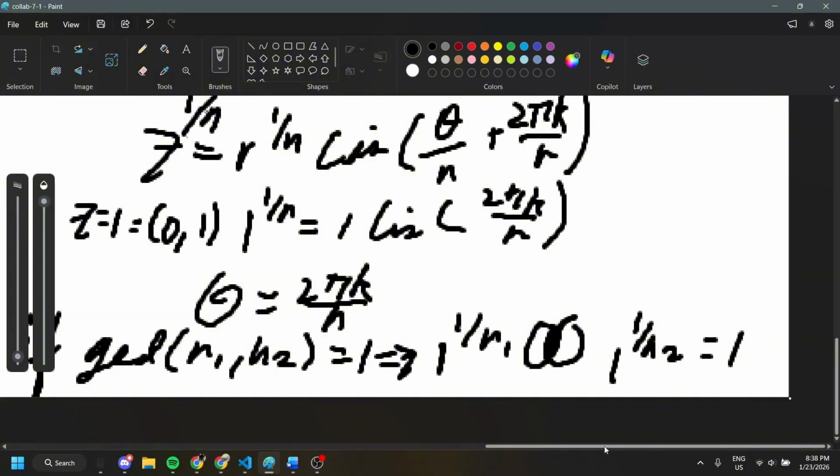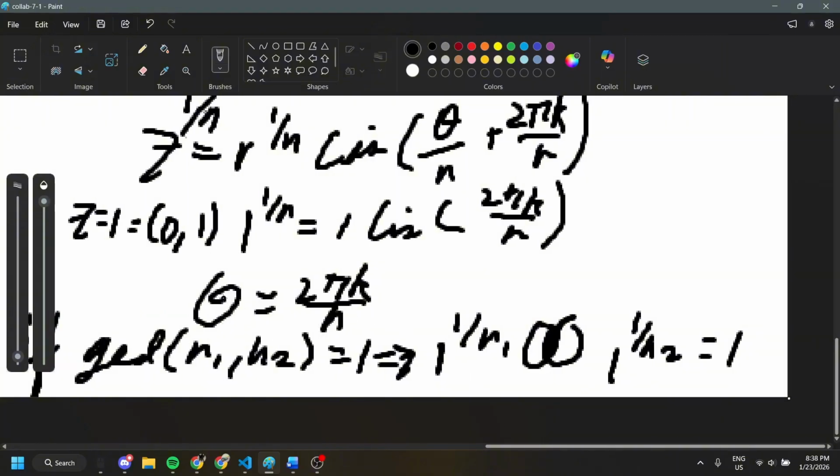Can we show that? Yes, because if the theta of all the roots are equal to 2 pi k over n, 2 pi k over n1 is equal to 2 pi k over n2, we could get rid of these from both sides and these from both sides.